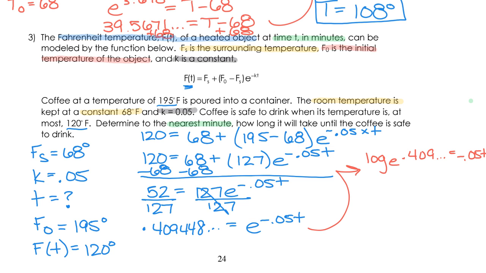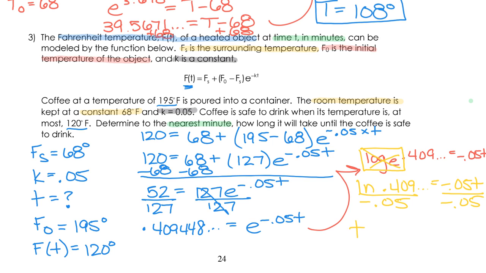We changed it into log form so that we can go ahead and change this into ln of 0.409 equal to negative 0.05t. So that we can type ln of 0.409 number in. And if you want, at the same time, you could divide by 0.05 after you type it in.